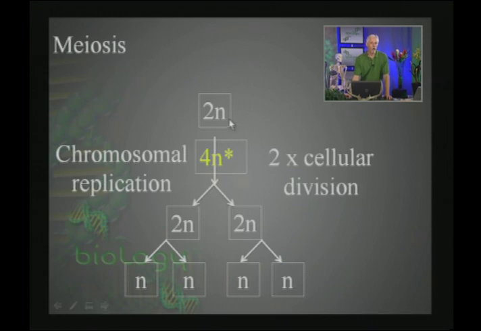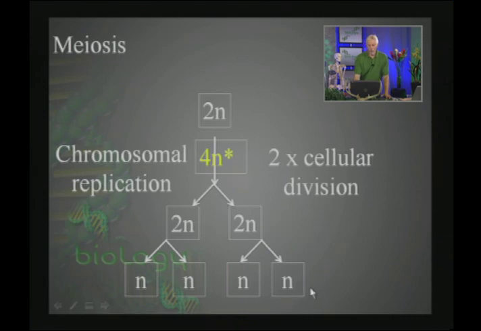So again, we'll start off with 2 sets of chromosomes. Those will replicate to form 4 sets of sister chromatids, which will be divided into 2 groups, and then those will be divided again. So we have 2 rounds of cellular division. At the end of the process, instead of 2 cells, we'll have 4 cells that instead of being diploid will be haploid. So we start with a diploid cell and end up with 4 haploid cells.